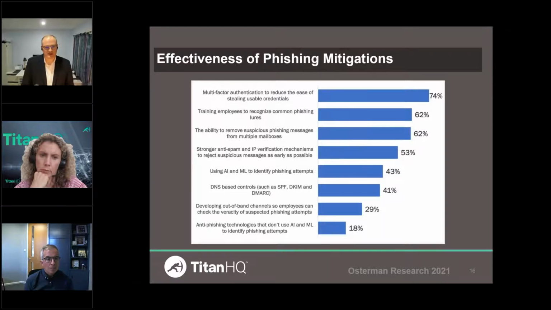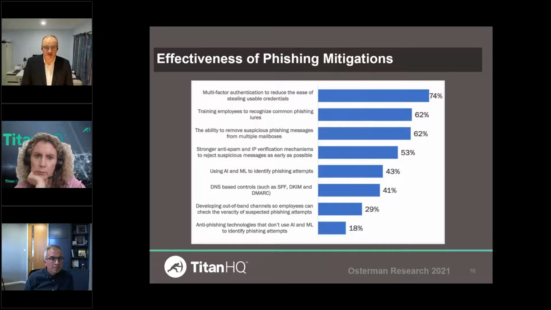There's this idea that humans are a line of defense, and having a healthy degree of skepticism to look at something that apparently comes from someone that you've dealt with and go, that doesn't quite look right. I need to ring them and ask, or I need to ask someone else to have a look at this, or I need to escalate through to my IT group and say, can you have a look at this and just let me know if this works? That's a very important line of defense for organizations.